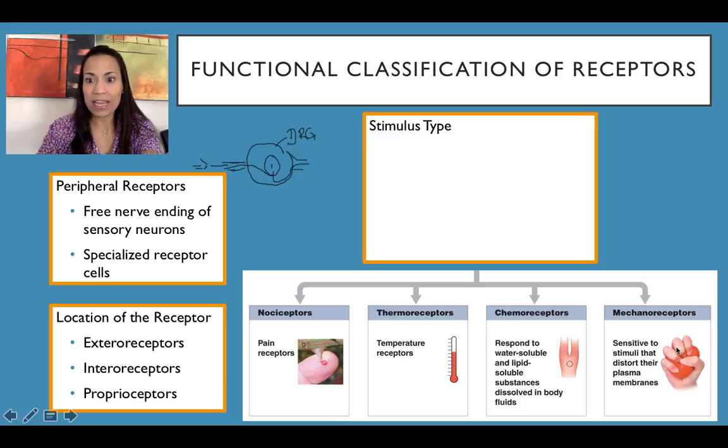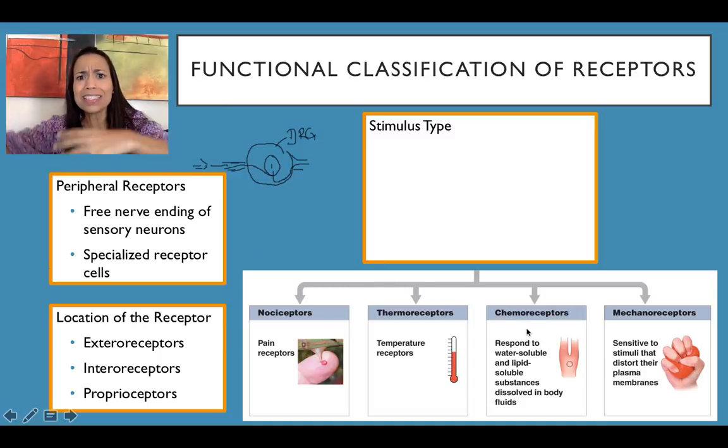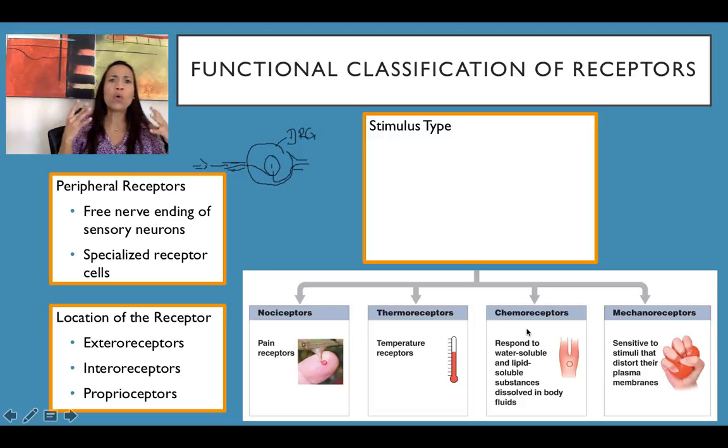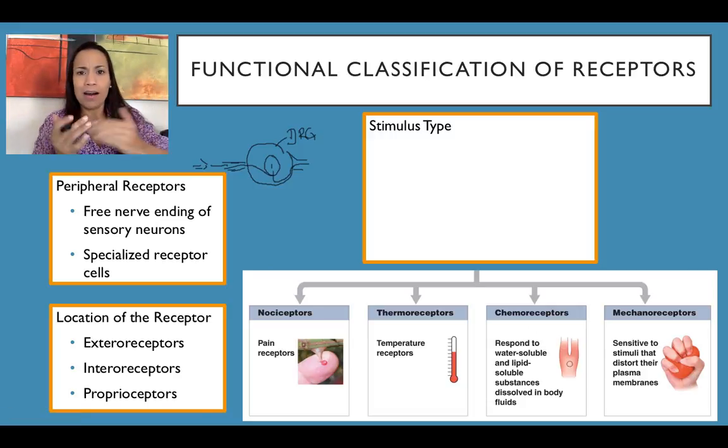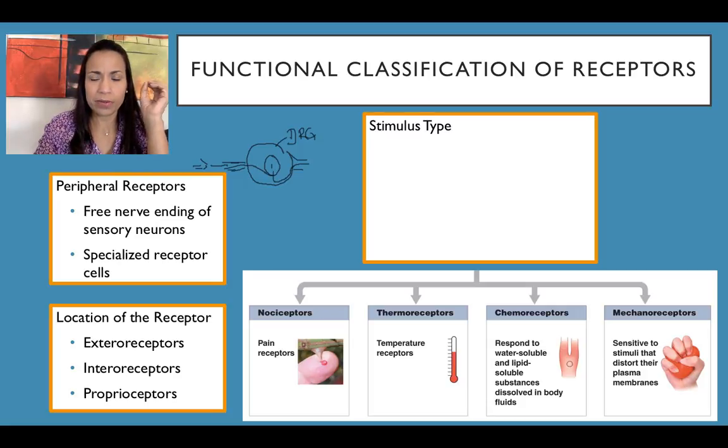And in the same way, each of these stimuli, for example temperature, can be detected by exteroceptors, interoceptors, or proprioceptors. So it's like a mix and match. There's no one-on-one matching or correspondence in here.